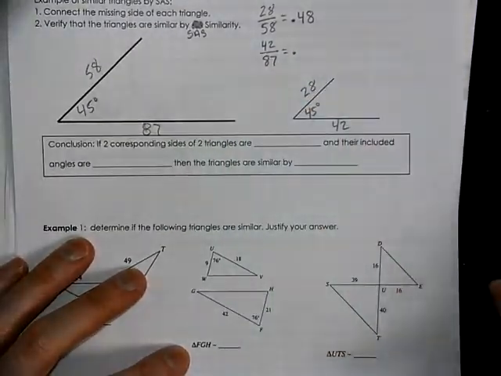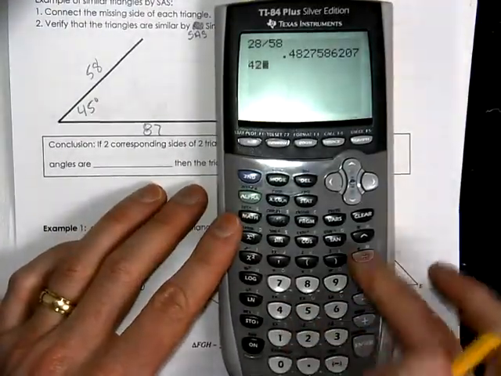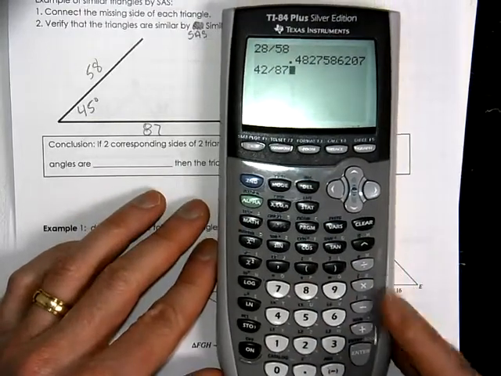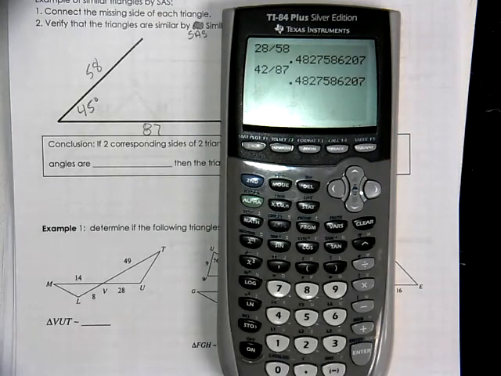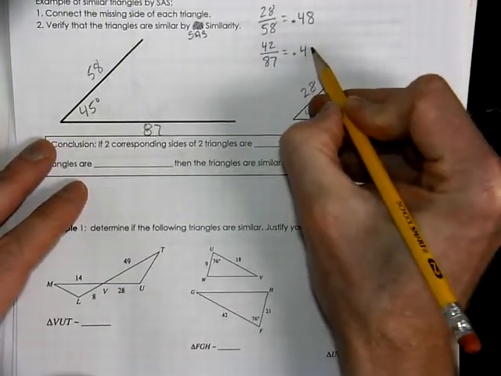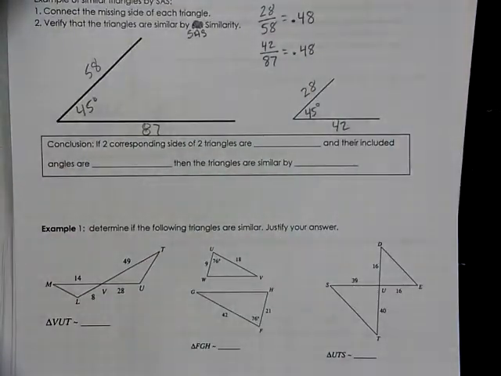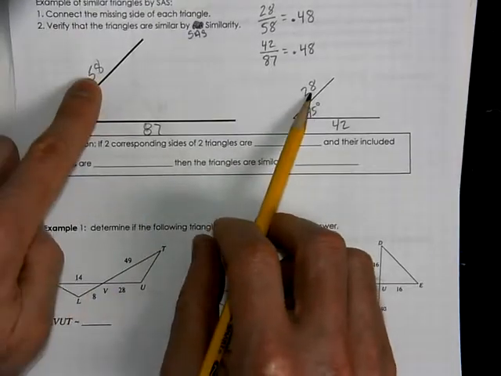So let's find out. So that is 42 over 87. And that is crazy. That is the exact same set of calculations. So that is some awesome measuring. That usually doesn't happen to be that perfect, but it is 0.48. That's very reasonable.